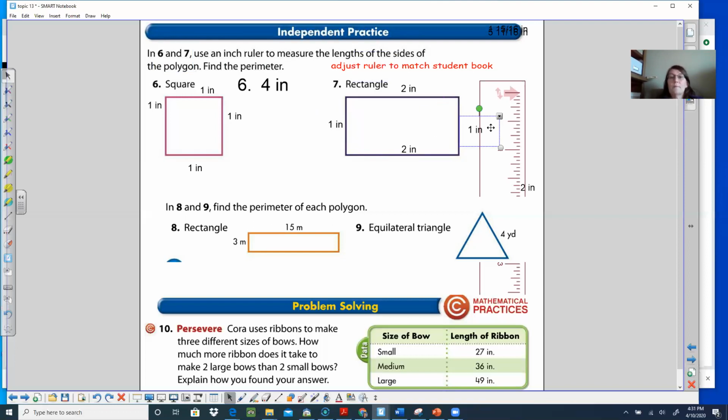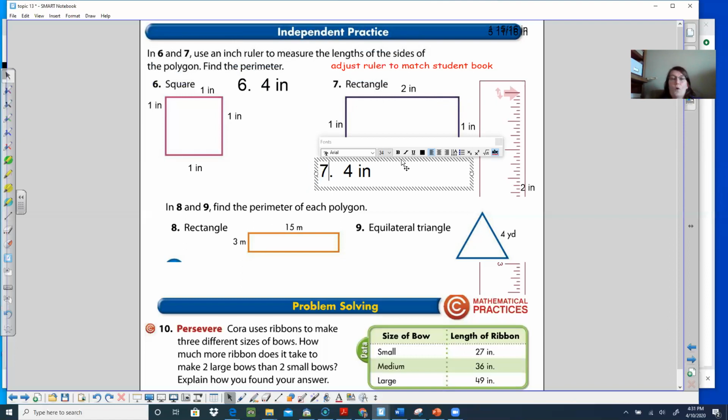And let's label this guy. Okay, so let's count by 2s first. 2, 4. Okay, hopefully you just came up with 6 on that one. So let's change our number. That was number 7. And we had 2, 4, 5, 6 inches on that one.